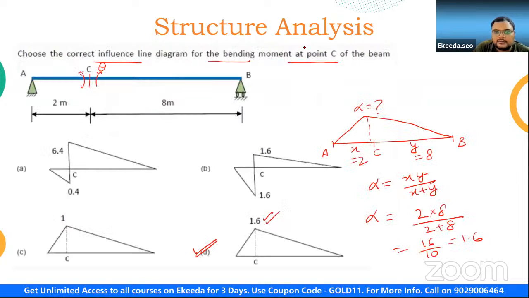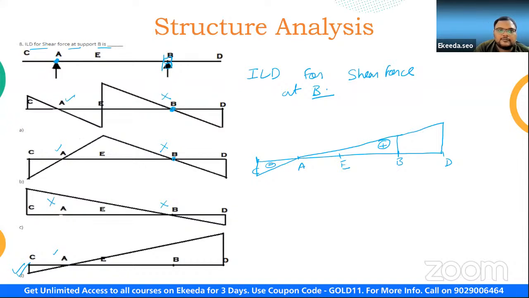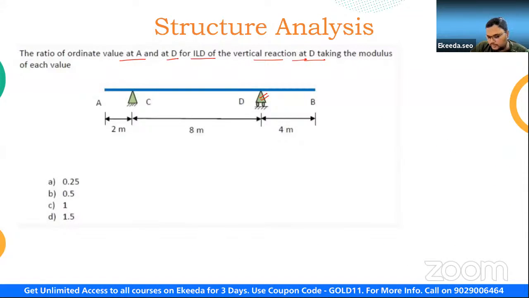So see, in this slide, I told you how to find out the ILD for shear force at support B. See here, when a similar diagram is there, there is one shear force at support B. This is the ILD. So from this ILD, they are asking the ratio of these ordinates. Right, guys? So you have to apply this here.